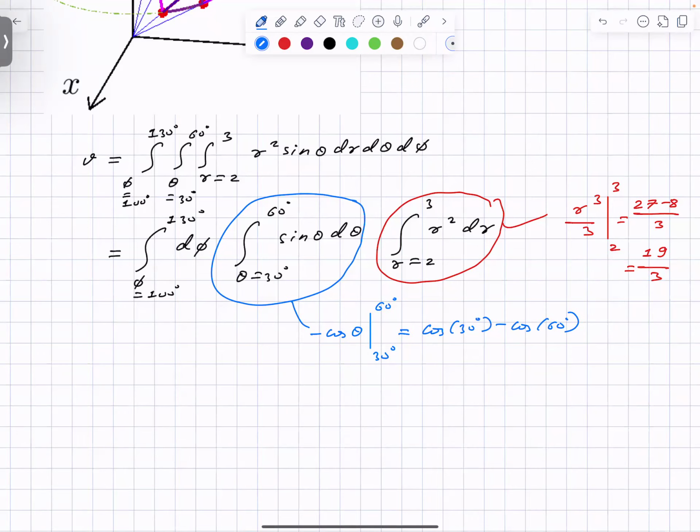Question? Can you get the expression for this one, the middle one? You'll have to use your calculator for this one, right? And make sure that you are using it in degrees.